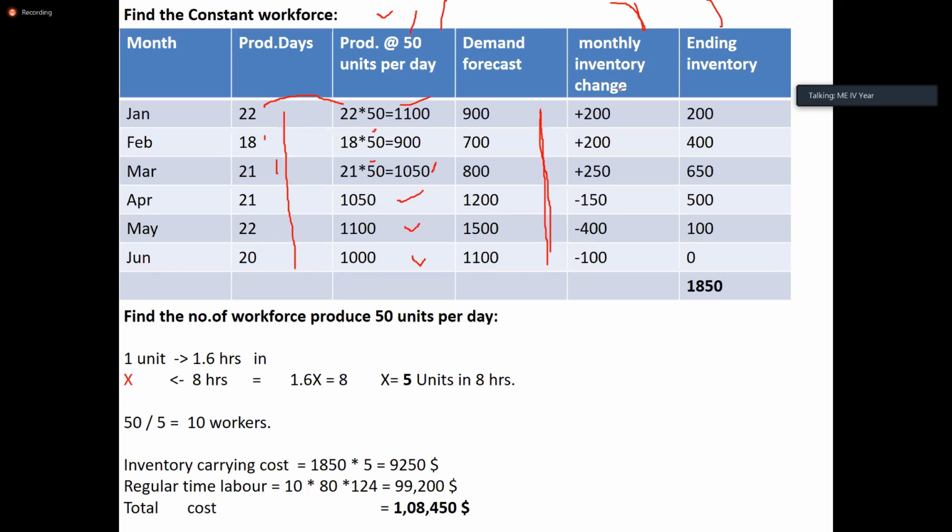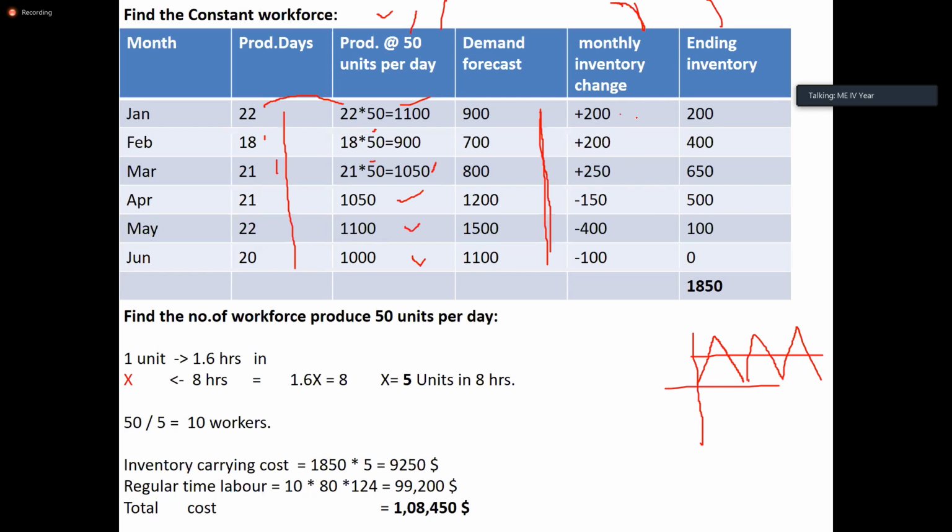So monthly inventory change means, as per yesterday's discussion, there is a fluctuation, demand increasing and decreasing, increasing, decreasing. So this is the level strategy. So what is happening now, why this plus and minus, I will tell you here.